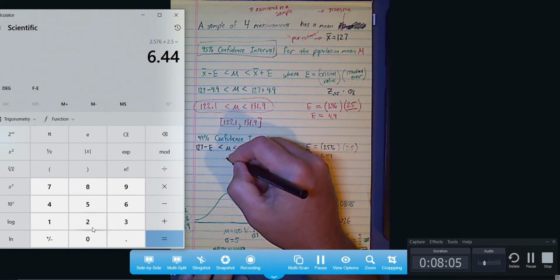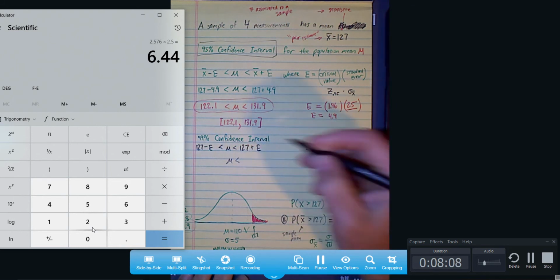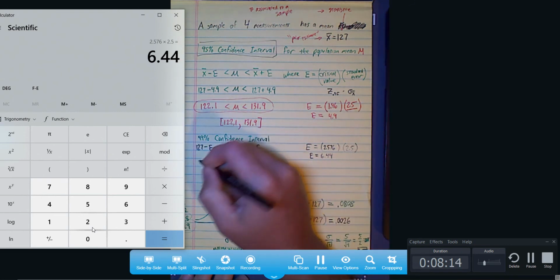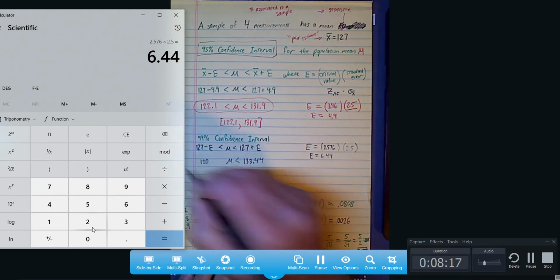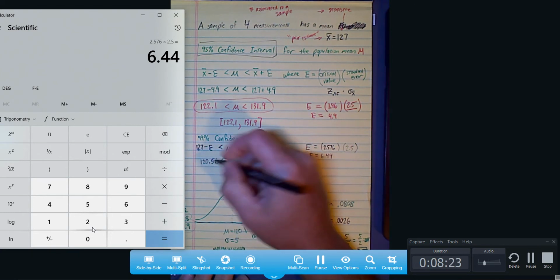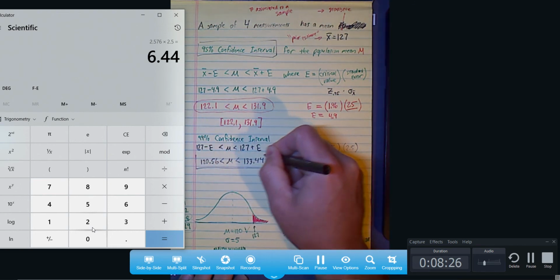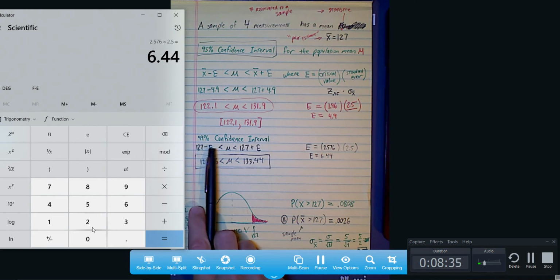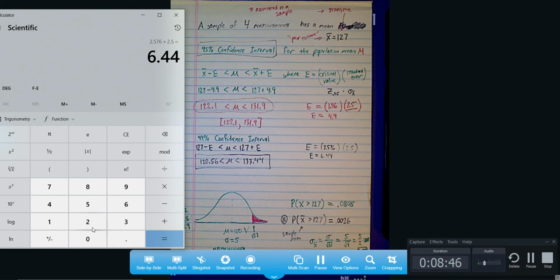And so that would give me a confidence interval of mu between, well, that'd be 133.44, and this would be 120 if I subtract 6.44 from there, 0.56. So that's my 99% confidence interval. And that means in all but 1% of the intervals constructed this way, we would capture the true mean. Remember, I thought it would be very unlikely that 120 was really the mean if my sample has 127 values.